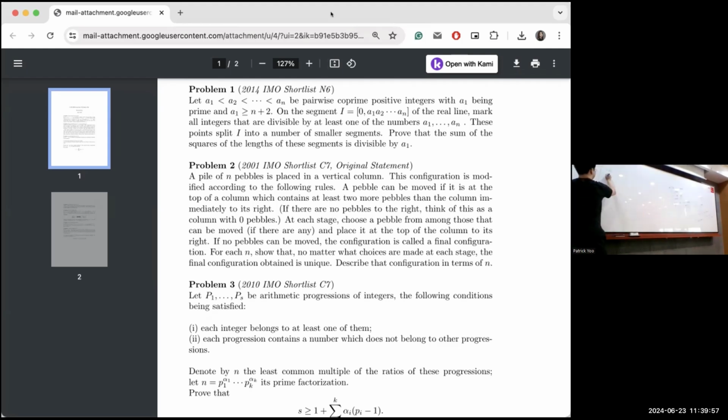So case 1, only one L1 satisfies this. Well, then this is clear, because there's only one L1 value. There's only one valid sequence of moves that leads to the final configuration. So there must only be one unique final configuration, which must be the triangular configuration. So we are done here.